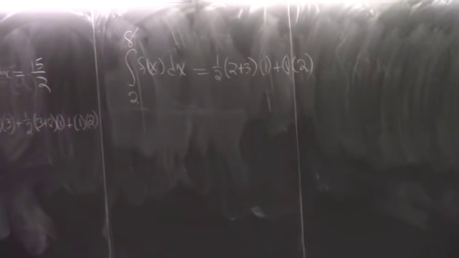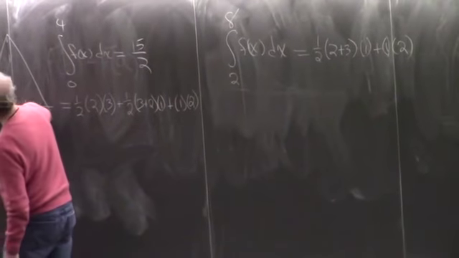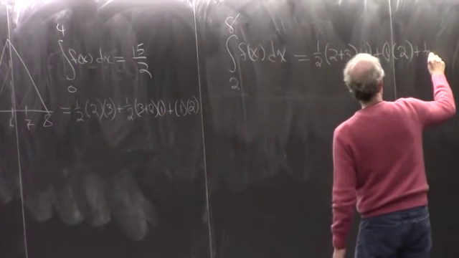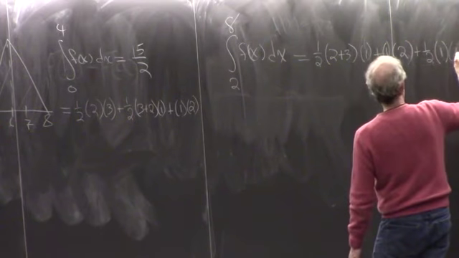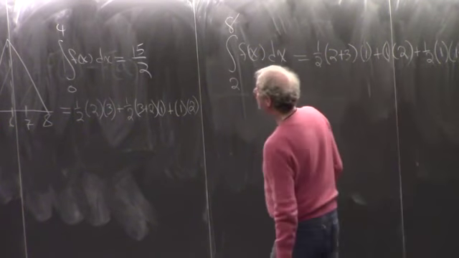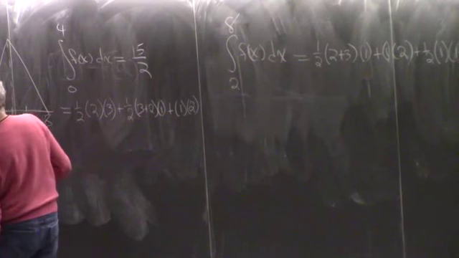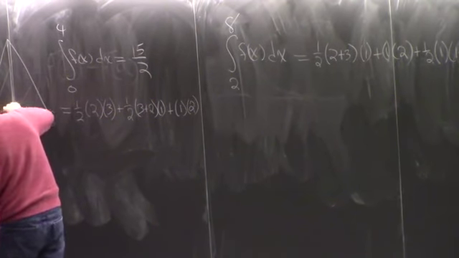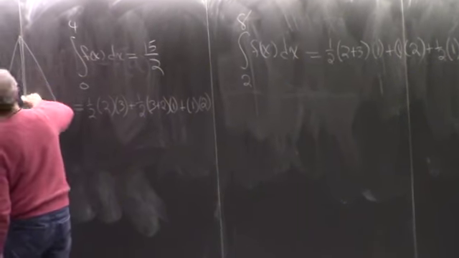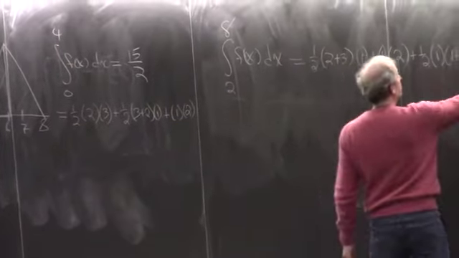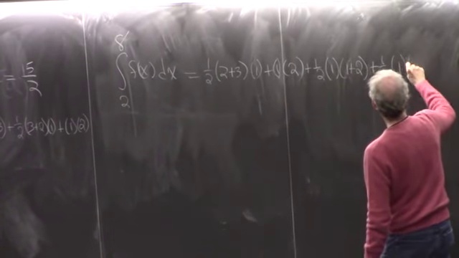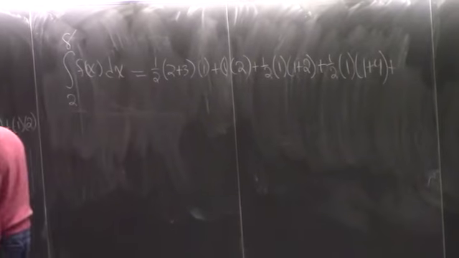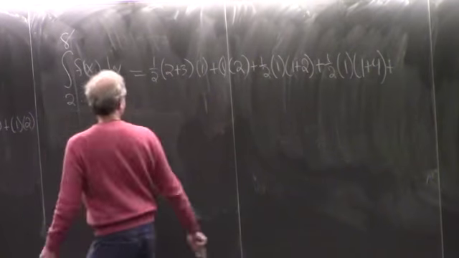Then I have this trapezoid, base of 1, with a height of 2 and a height of 1. Then I have, let's see, that's a trapezoid, base of 1 and heights of 1 and 4. And a triangle, which has a height of 4 and a base of 2.